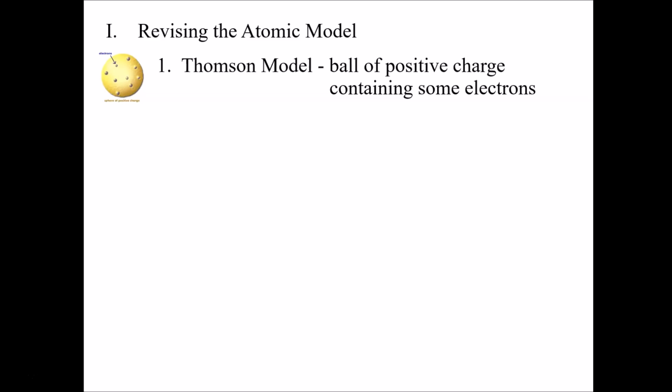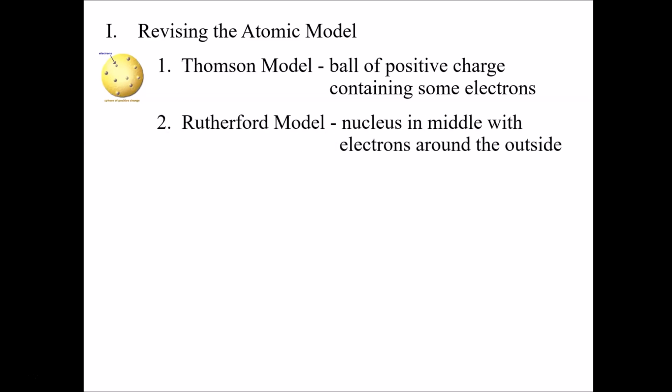Now, that idea of the model of the atom had to be changed by Rutherford's experiment, right? He did the gold foil experiment. And he determined that that ball of positive charge was not big. It was actually really, really small. And that's where the idea for the nucleus came from.